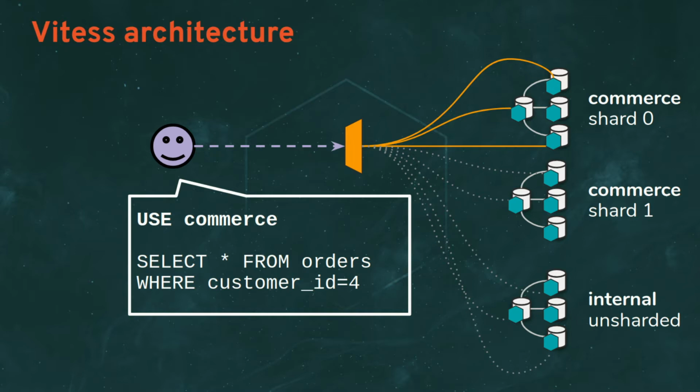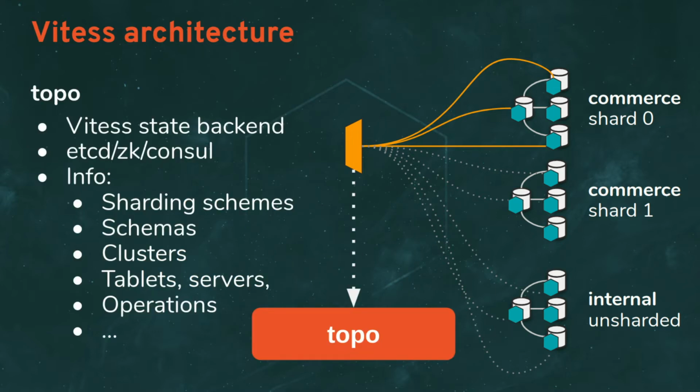So by using commerce, VTGate infers that either of these first two clusters are relevant to the query. And when the user says select star from orders where customer ID equals 4, VTGate is able to infer that customer ID 4 is only present on shard 0. But where does VTGate get that information from?